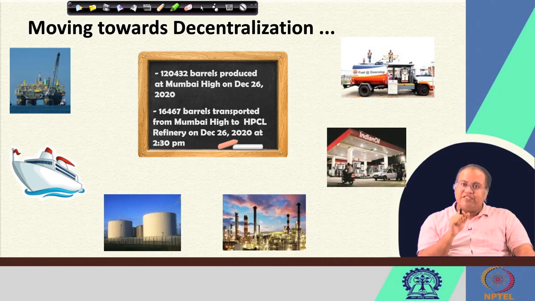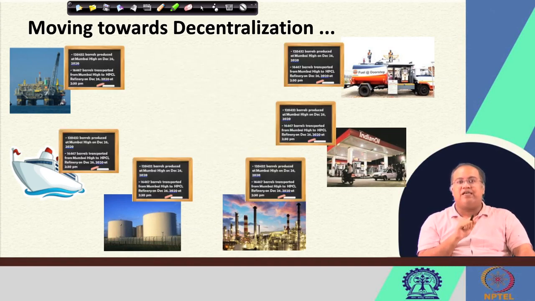So this is my problem: I have a blackboard, who is going to keep it? Rather than a single entity keeping this blackboard, let us build a decentralized architecture, and every independent organization stores a copy of that blackboard.